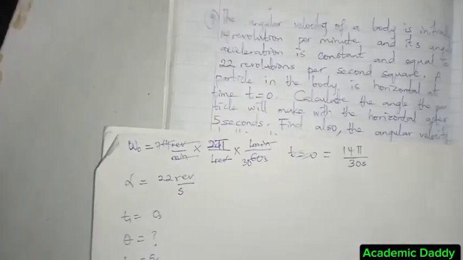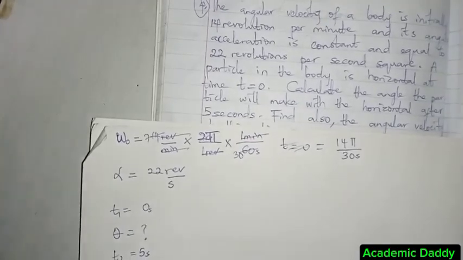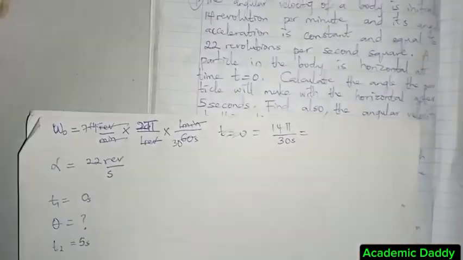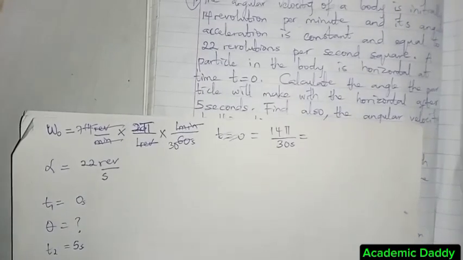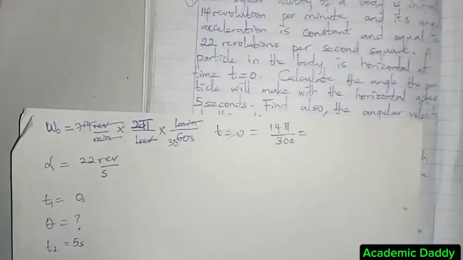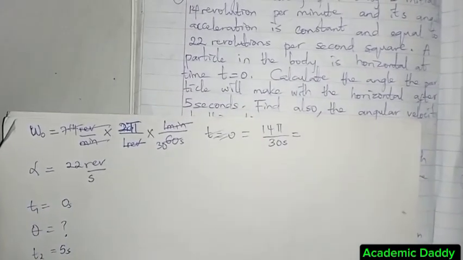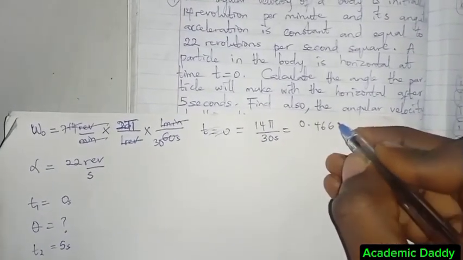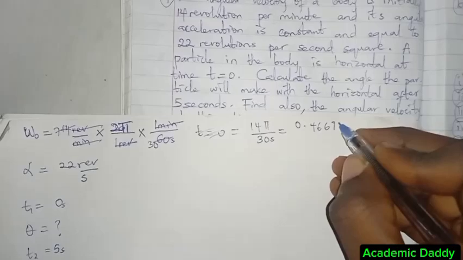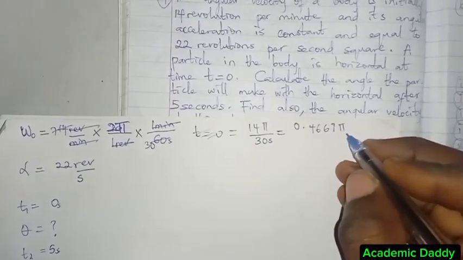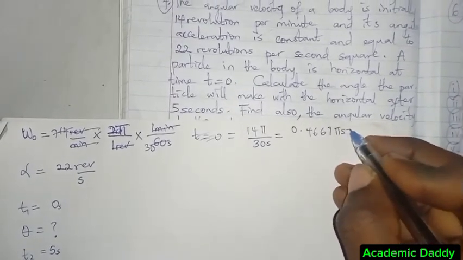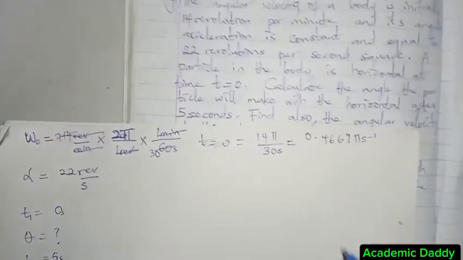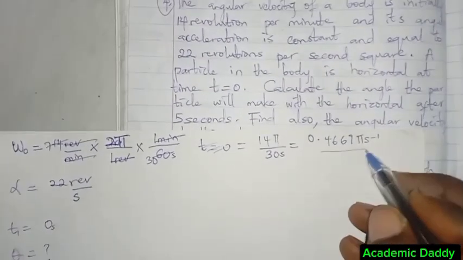Okay, so if I do 14 divided by 30, I'm going to have 0.4667 pi radians per second. I don't want to convert the pi for now.